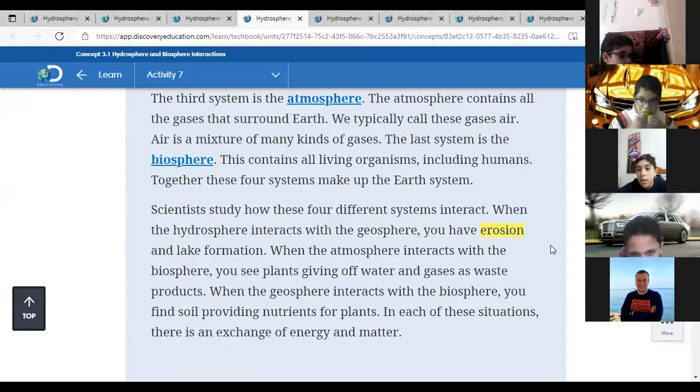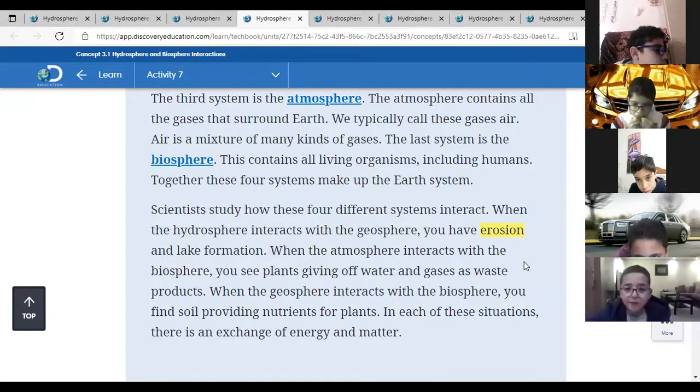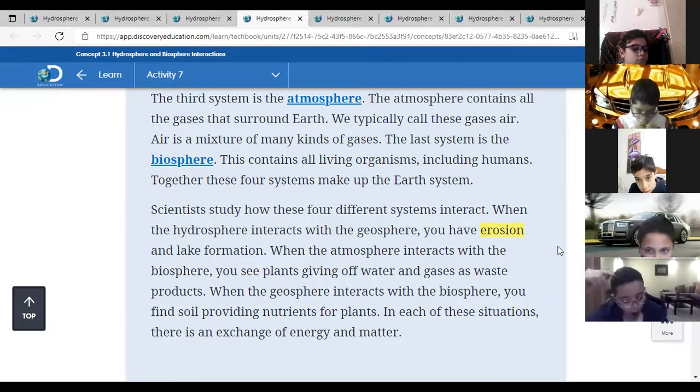When the atmosphere interacts with the biosphere, you see plants giving off water and gases as waste products. When the geosphere interacts with the biosphere, you find soil providing nutrients for plants. In each of these phenomena, Yes. there is an exchange of energy and matter. Excellent. Thank you.